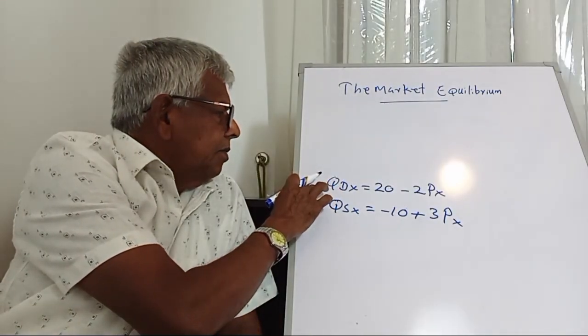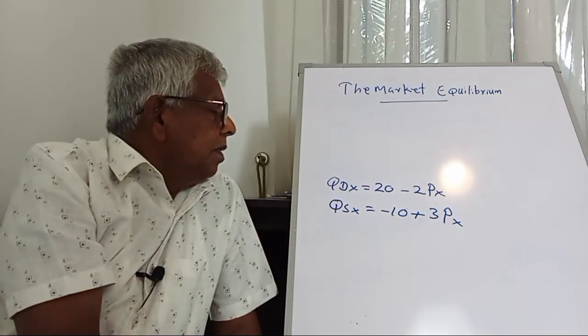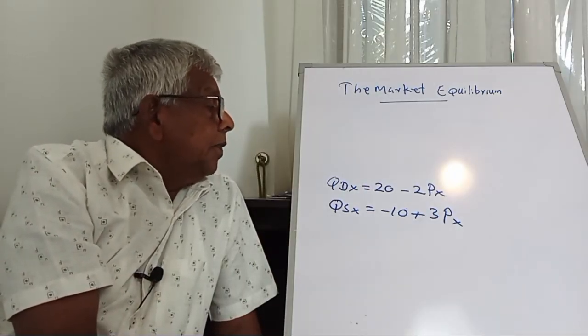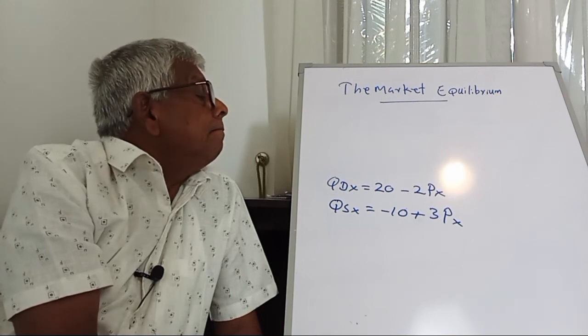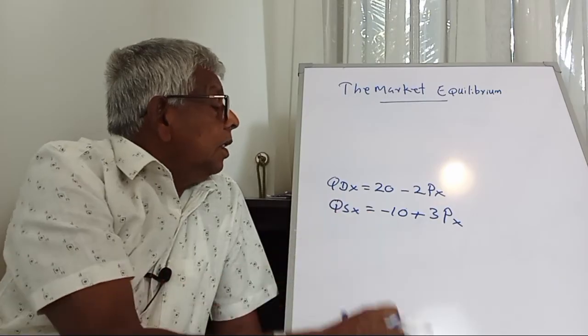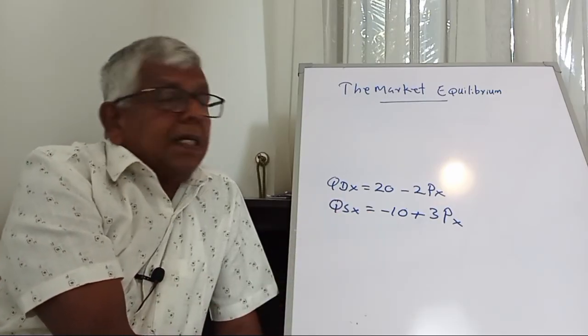Here are the demand equation and the supply equation. Demand equation: Qdx equals 20 minus 2Px. Supply equation: Qsx equals minus 10 plus 3Px.